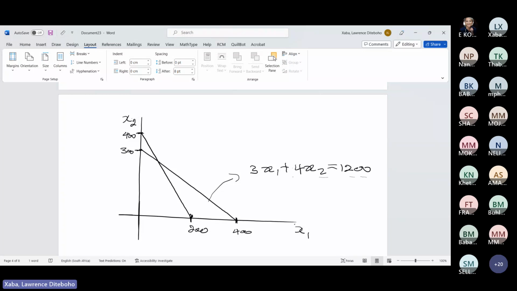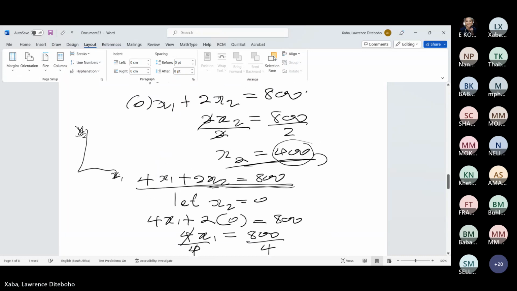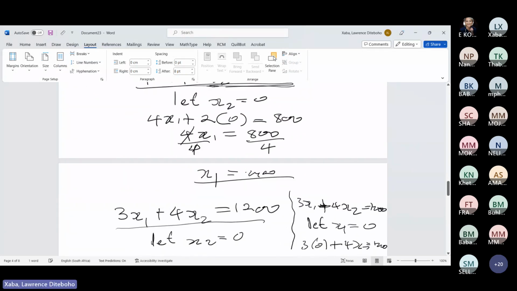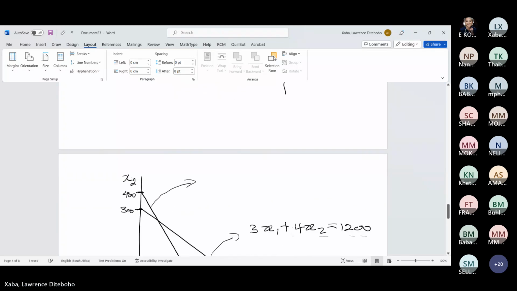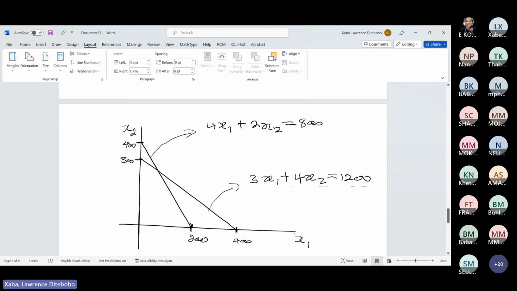Then the second equation that we have is 4x1 plus 2x2 equals 800. From this equation, we managed to come up with 400 and 200.